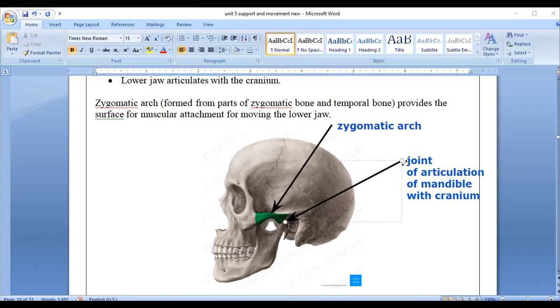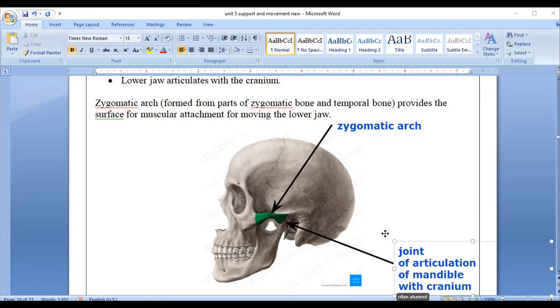Wait a minute. If you take the zygomatic arc, this part is the temporal bone. Which bone? Temporal bone.